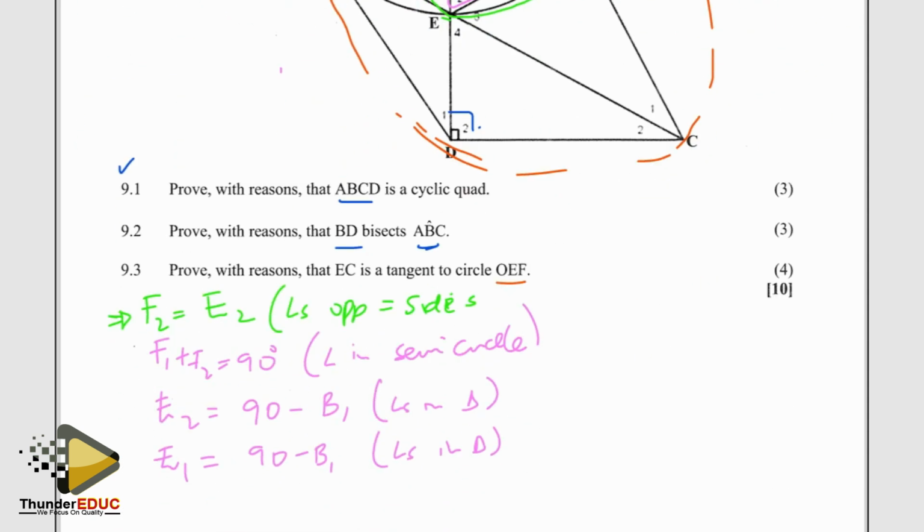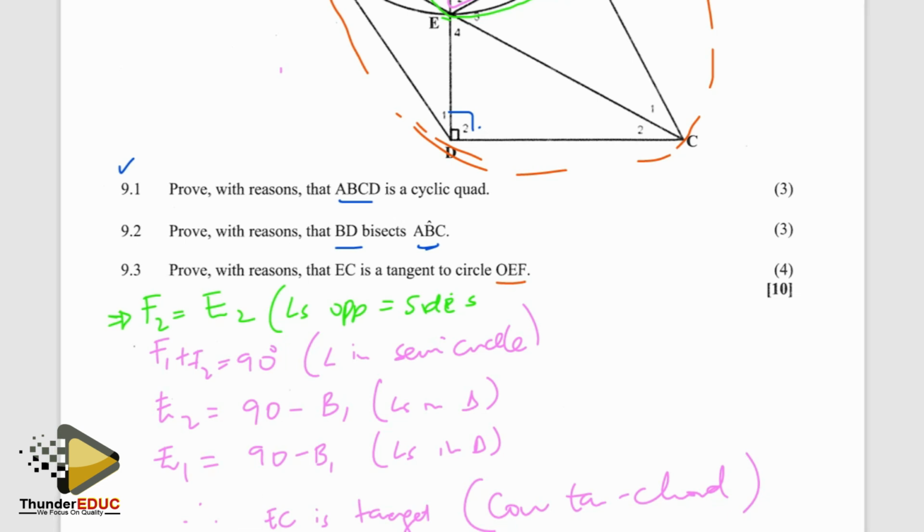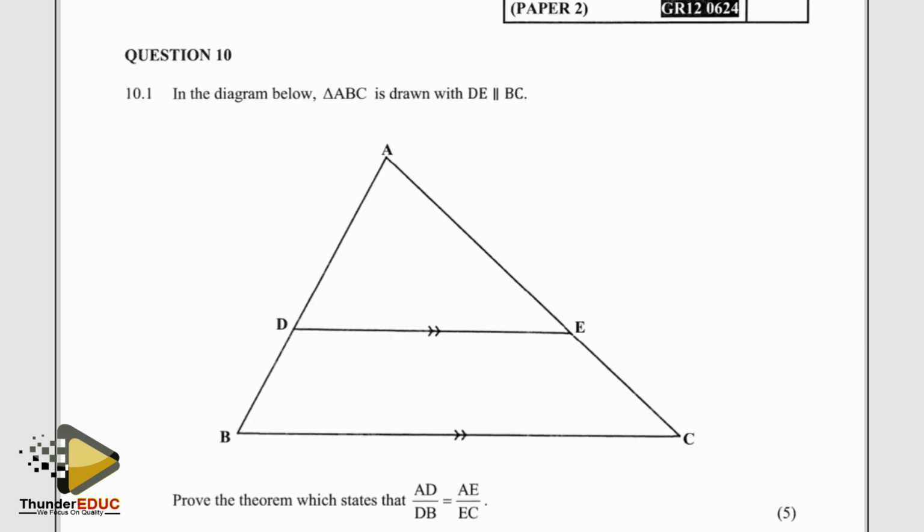And therefore, I'll say AEC is a tangent, because of the converse of the tan chord. The question wanted EC, so there's no point putting AEC, but since it's the same line, it is still continuous.